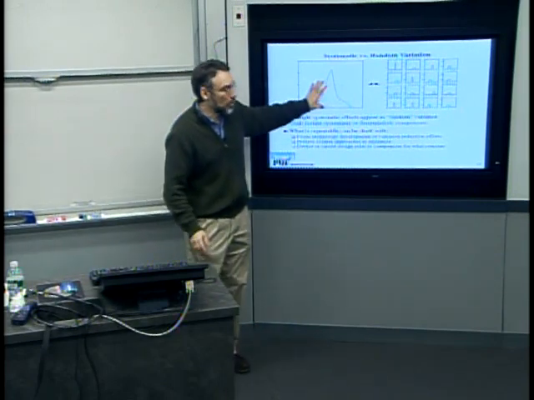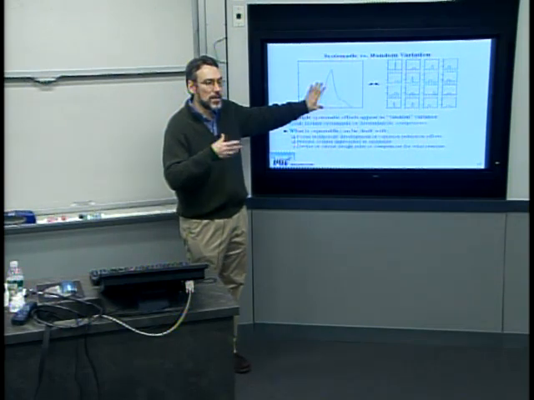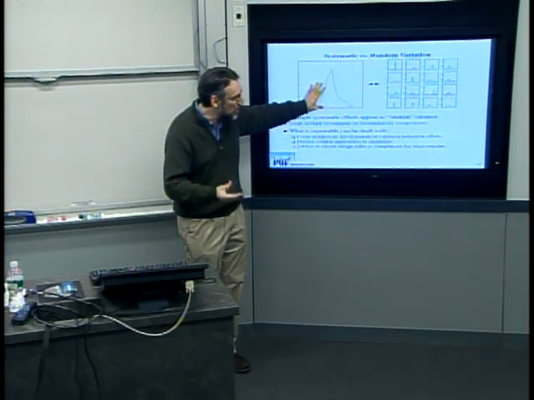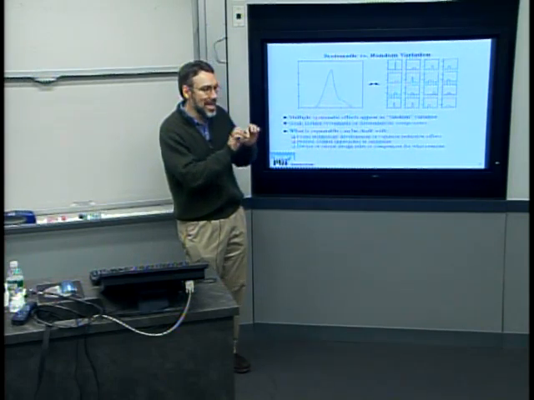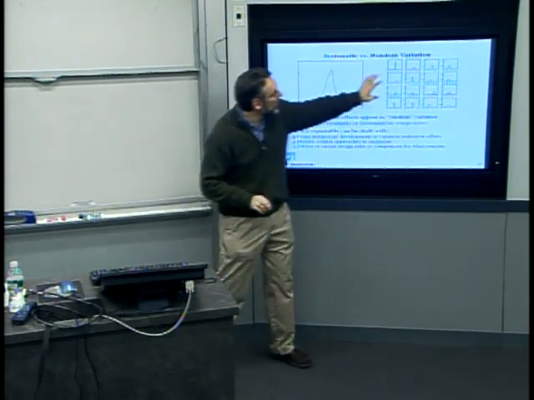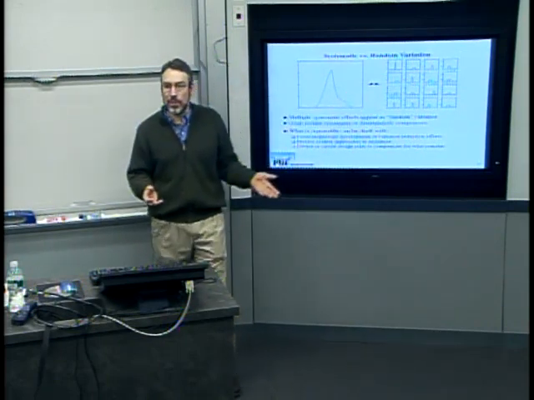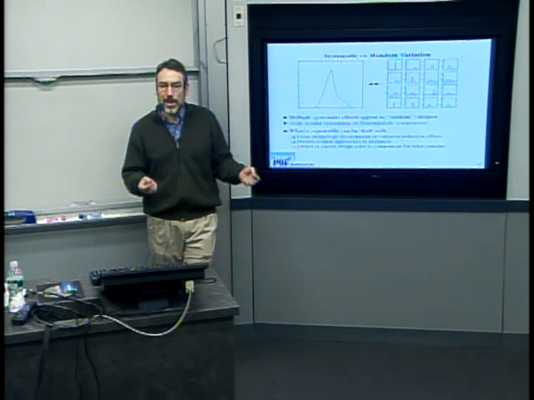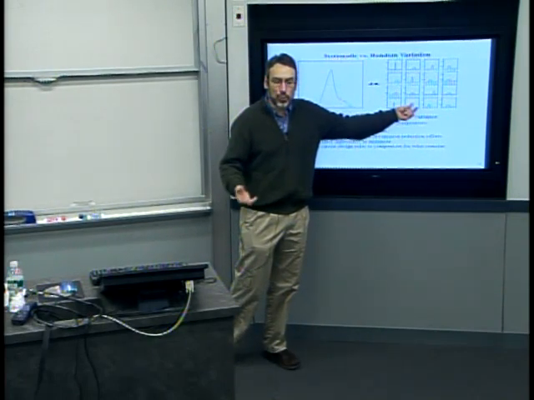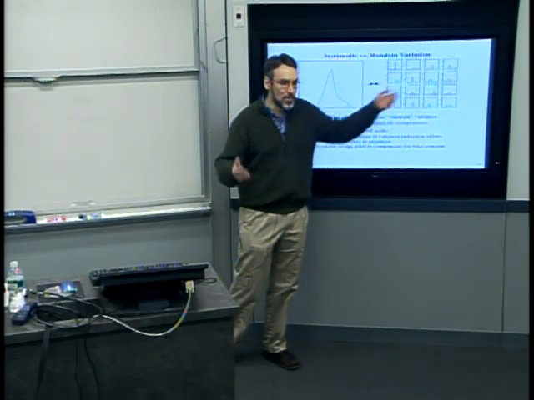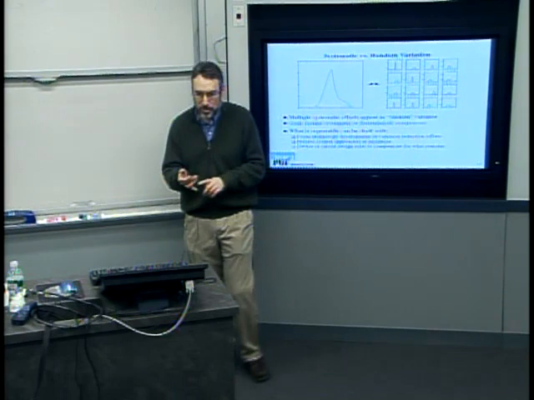And a lot of work will be done in designing test procedures, designing process control charts and whatnot to be able to track individual contributors and separate them out into the component sources of variation. Why do you want to do this? If you can identify individual sources, that's crucial to being able to go and squeeze them down, right? You've got to know what the source is in order to remove it.